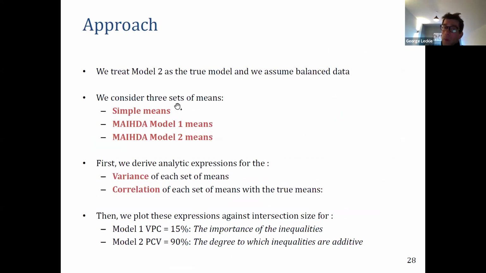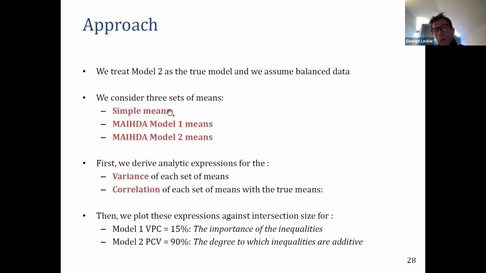And we consider 3 sets of means. That's not a controversial thing to do, really, because model 1 is just a constrained version of model 2. And even in some senses, the simple means is a constrained version of model 1. So they're nested in a sense. I don't consider that a particularly problematic setup for this.